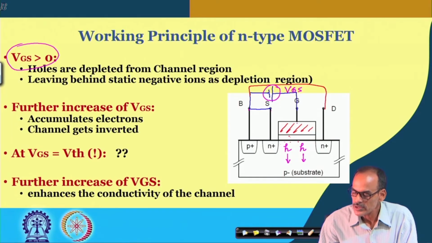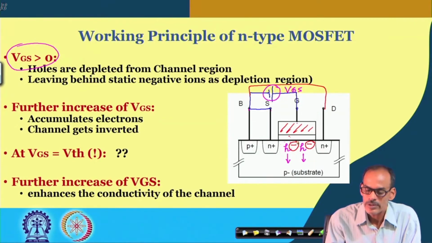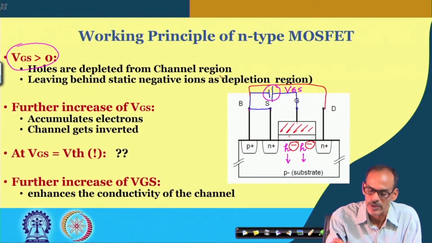Its effect is that it leaves behind negative ions. These negative ions are stuck with the crystal, and they cannot move. So, they basically work as the depletion region of a diode.